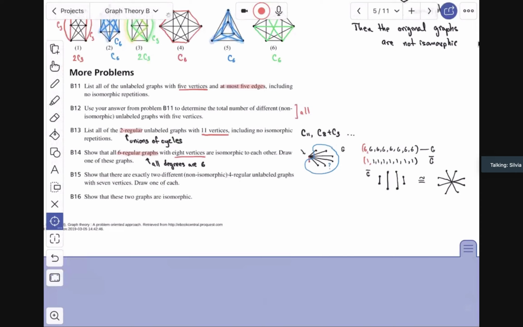Again, the more vertices you have, the less likely it is that you can find all the representatives as we did for 4. So they're giving you more conditions so that you're looking just at a smaller group of graphs, and then you're looking for the equivalence classes that satisfy those properties. So here we need them 4 regular, so all the degrees are 4.